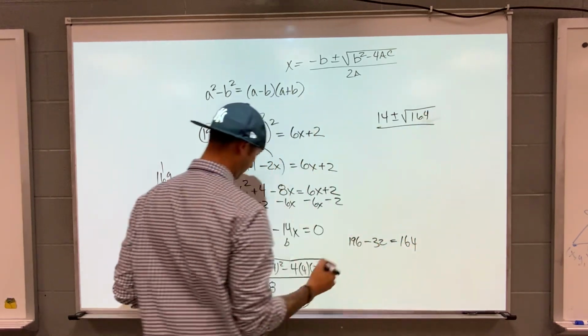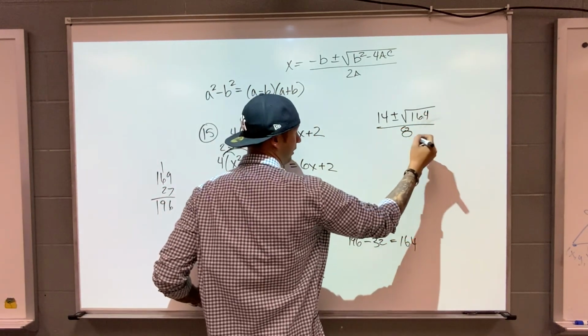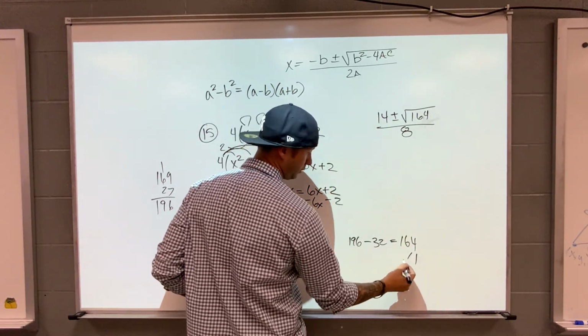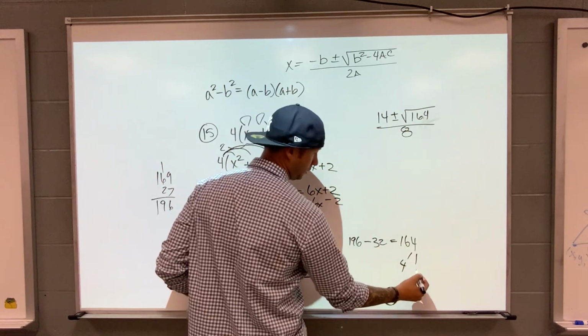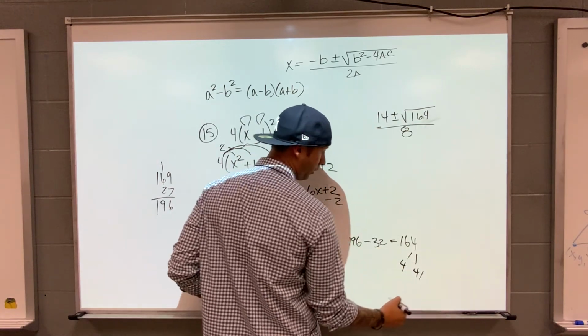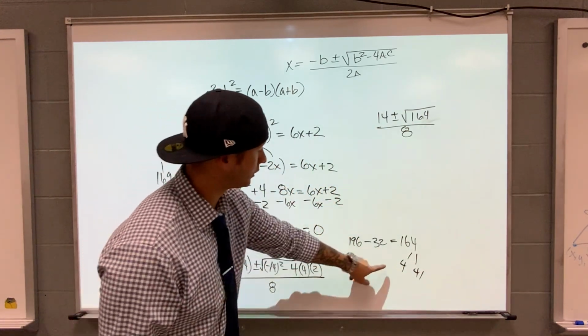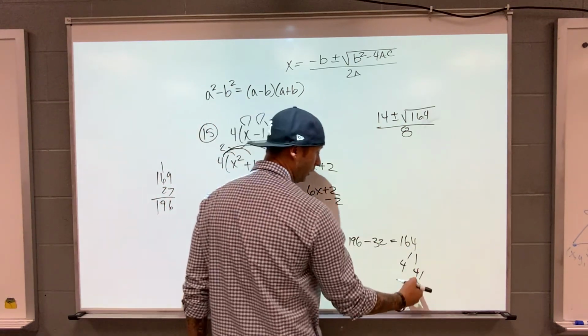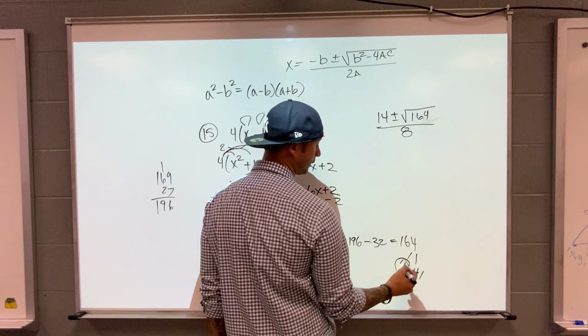all over 8. All right, 164, that can be broken down into, so 4 will go into 164. 4 goes into 16 4 times. Then 4 goes into 4 once. So I'm going to pull out a 2.